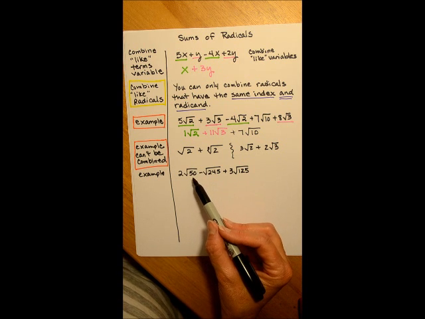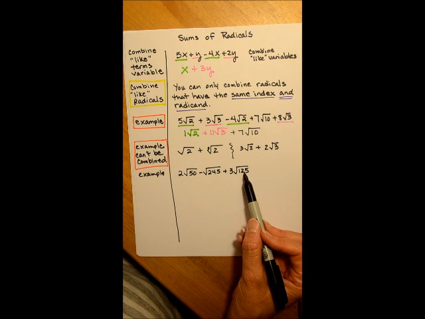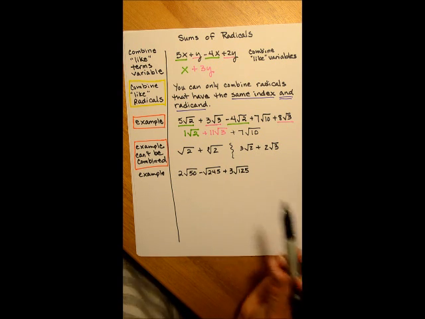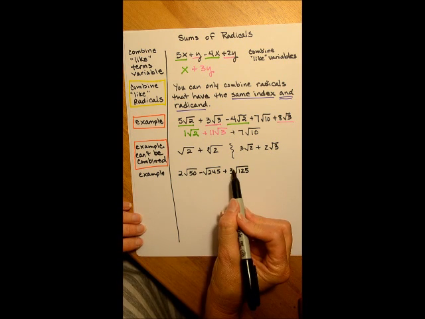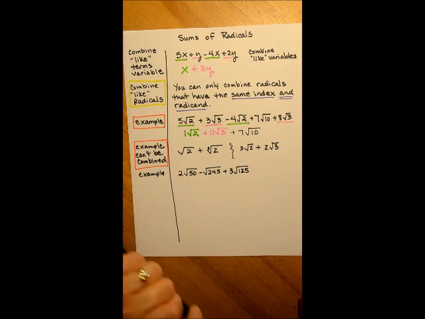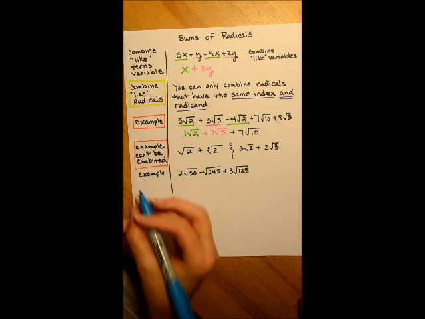Well, you could look at it and say, oh, those can't be combined because the radicand is not the same. Although the index is the same and the radicand isn't. Well, you know, that's true. Well, kind of. Because we could simplify these.